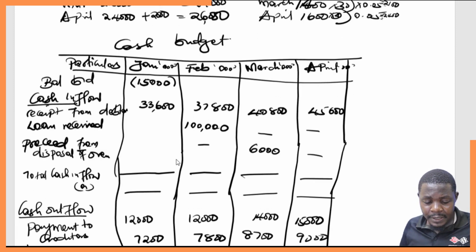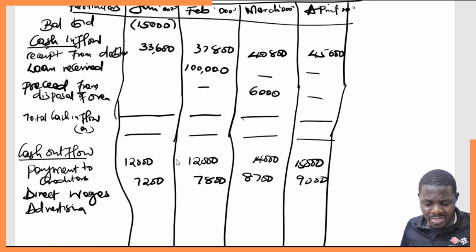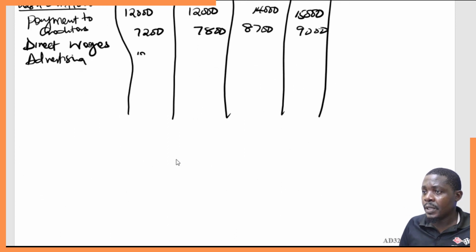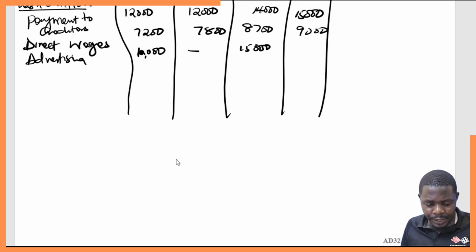Payment of advertising, 10 million and 15 million will be made in January. Now in this case, we are paying 10 million advertising. And 15 million will be made in March, respectively.